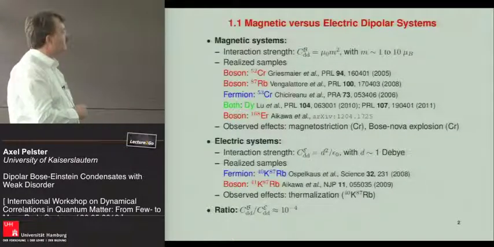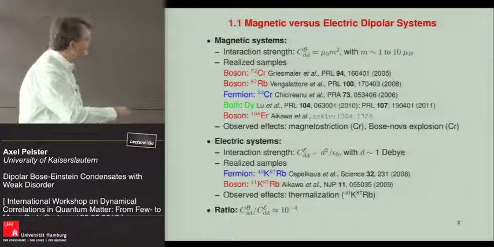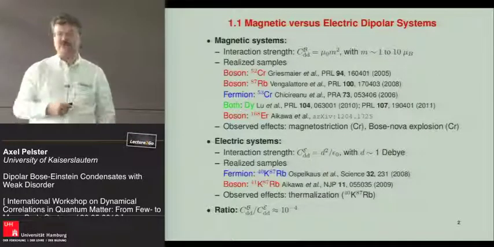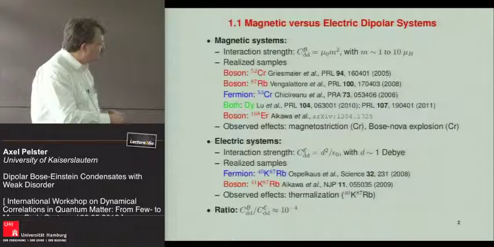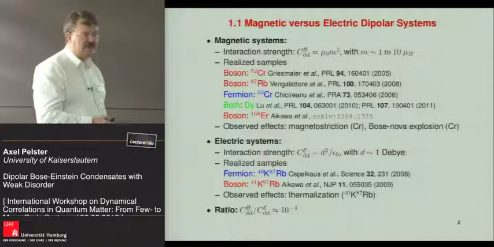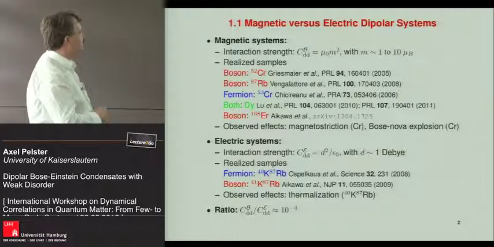Generally speaking, you can say that the magnetic dipole-dipole interaction relative to the electric dipole-dipole interaction is decreased by a factor of 10 to the minus 4. And this comes about because this ratio is proportional to the square of the Sommerfeld fine structure constant, which is 1 over 137 approximately.